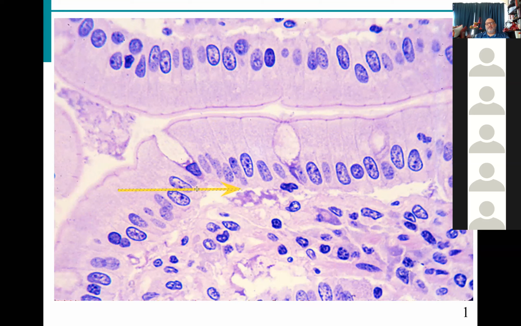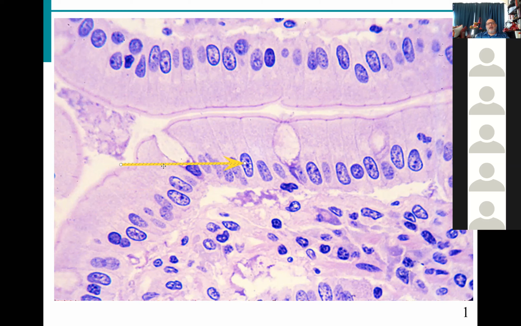Here, identify this surface. Basal surface. And the extracellular material you'd find in this location? Excellent. Perfect. Organelle? Nucleus.